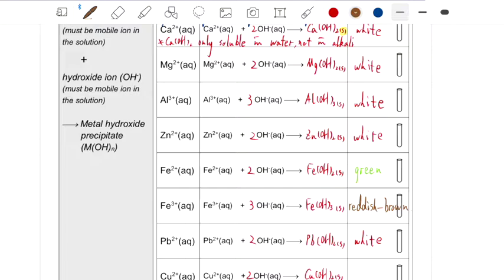You can draw the precipitates. For copper(II) hydroxide, copper(II) ion has a pale blue color, so the precipitate is pale blue.